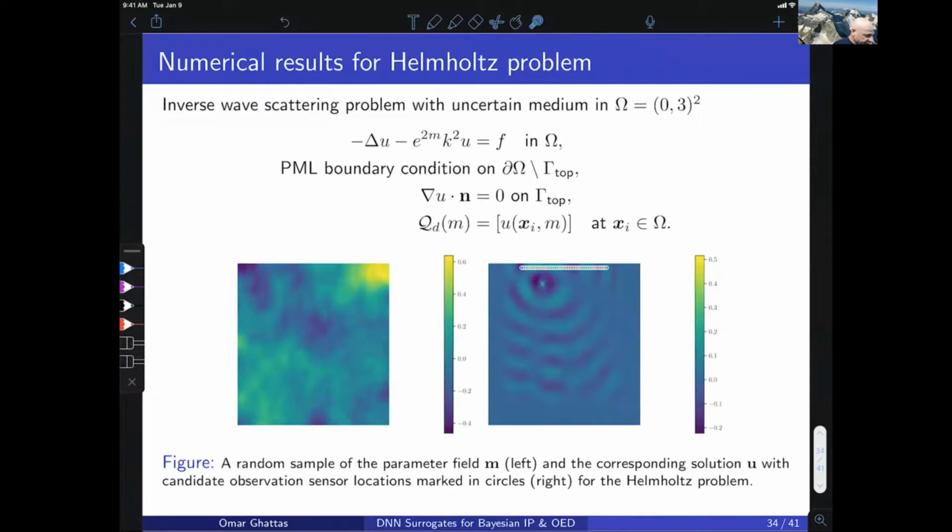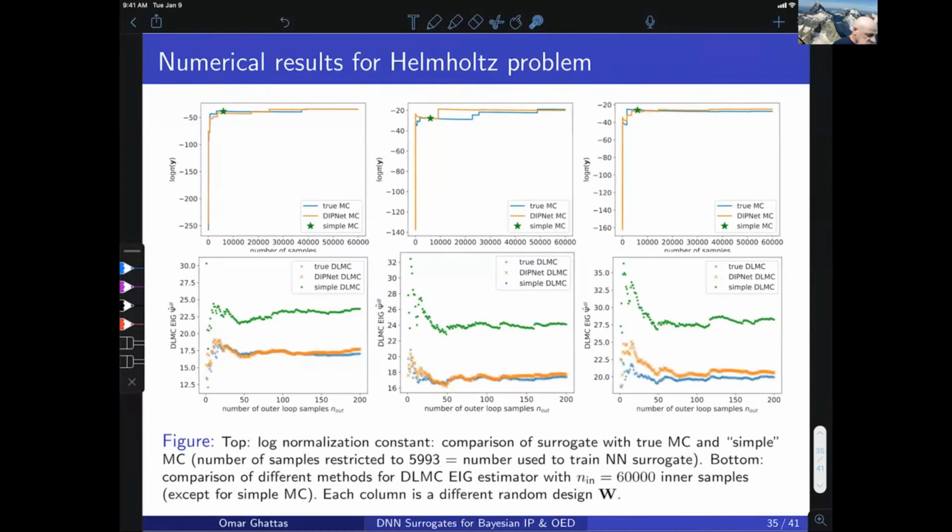So here's a typical result. Again, we have these 200 possible locations. We'd like to sub-select 20 or 30 or 40, depending on the problem. I'll show you just two sample results. Let's focus on this picture lower left here.